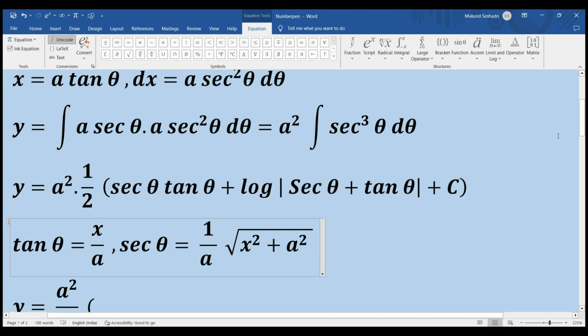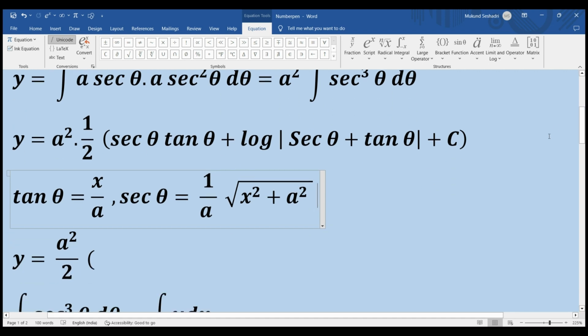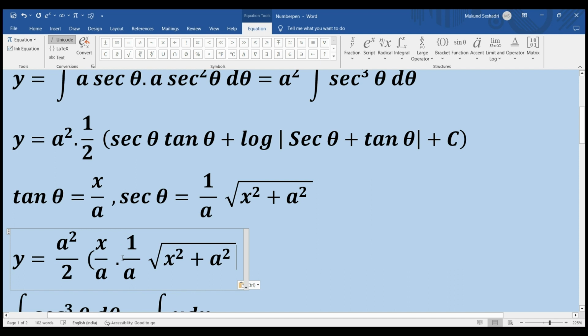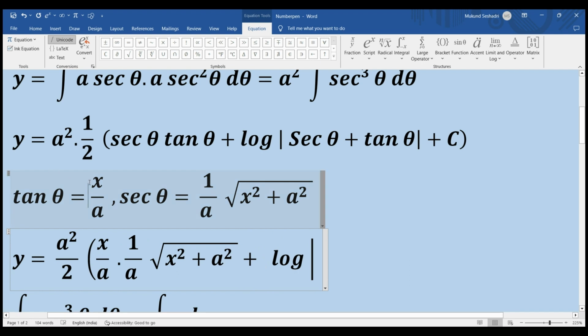So now I go to my expression y and I try and rewrite everything in terms of x, right? So what happens to my first expression? Secant theta tan theta becomes x by a times 1 by a times square root of x square plus a square. So I write it as it is. And then I have a log of mod of secant theta plus tan theta. So I already have those with me.